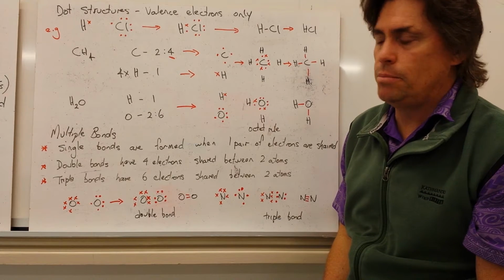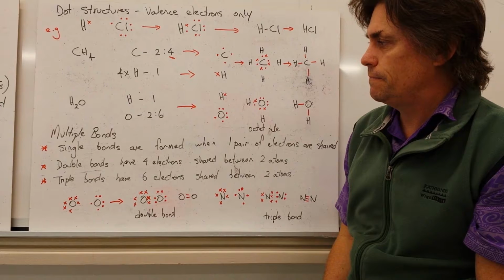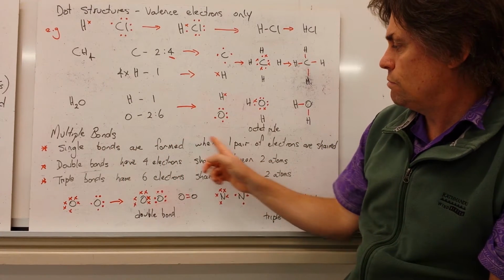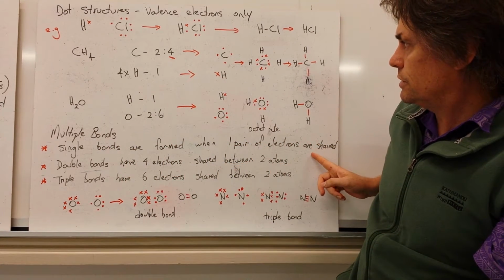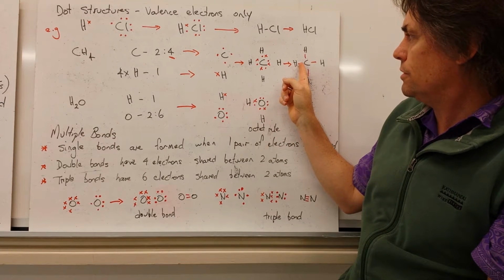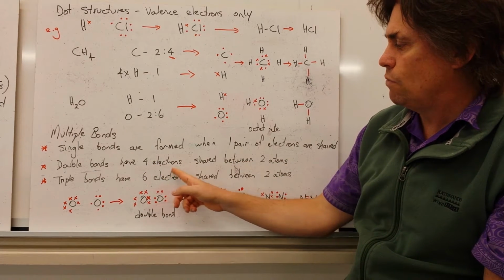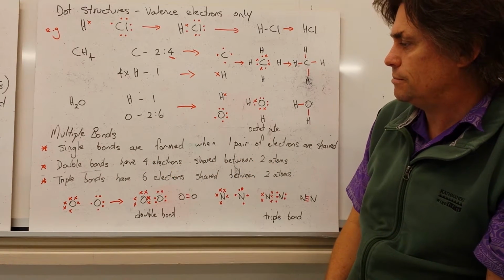Now we can get multiple bonds through non-metal atoms as well. So single bonds are formed when we have 1 pair of electrons. Each time we have a pair of electrons, we form 1 bond. However, we can also get double bonds, and this is where we have 4 electrons shared between 2 atoms.